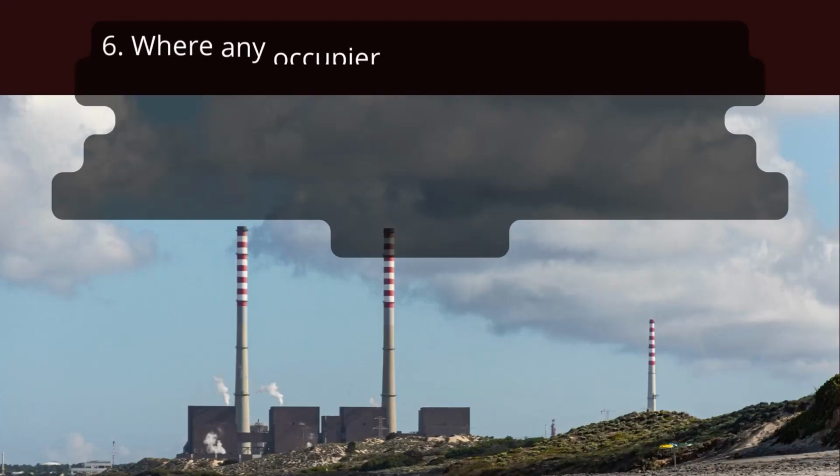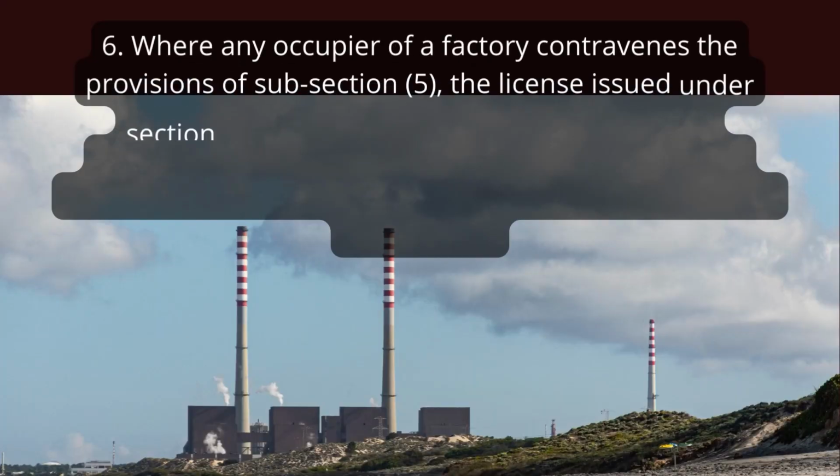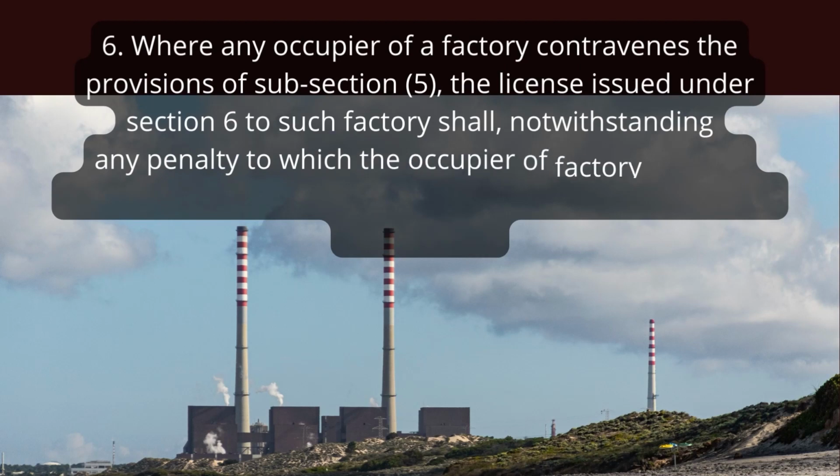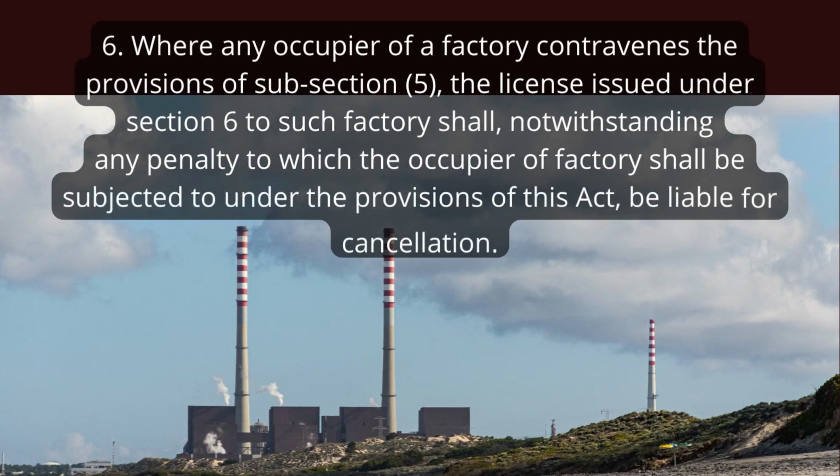Sixth, if the occupier of the factory contravenes the provisions of subsection 5, the license issued under section 41C to such factory, notwithstanding any penalty to which the occupier of the factory shall be subjected to under the provisions of this act, be liable for cancellation. In simple words, if the provisions of the act are not adhered to, the license can be cancelled.